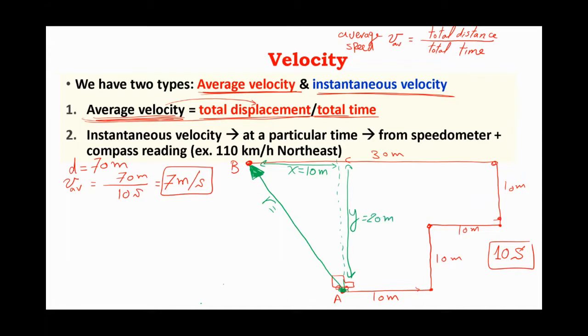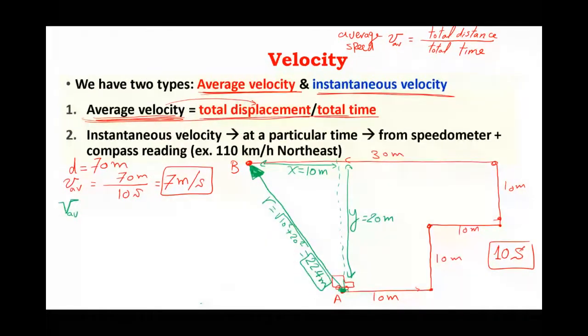So by Pythagoras rule, we calculate R. If you have a calculator, do 10 square plus 20 square, which is almost 22.4 meter, approximately.